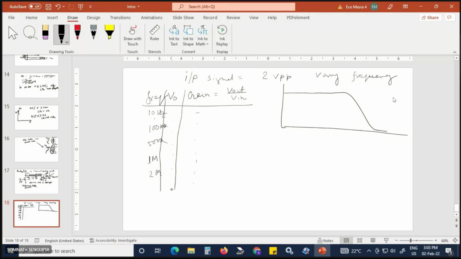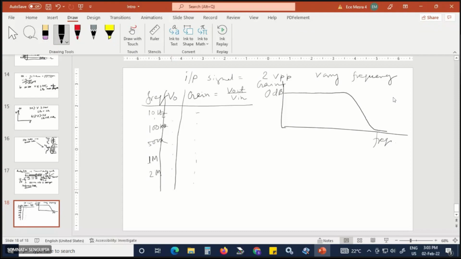Now say this is 0 dB. Actually, it will not be 0 dB, lesser than that. Now there are 2 points, and this is frequency. So it is a frequency response graph. So we plot frequency versus gain, and there are 2 points you have to calculate.